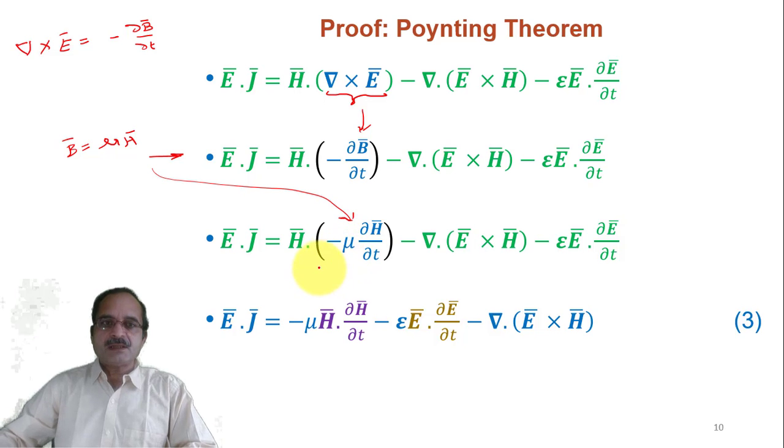Now rearranging these terms, since mu is a constant, we can take it outside of this bracket. So we can write it like this, minus mu H dot dH by dt.